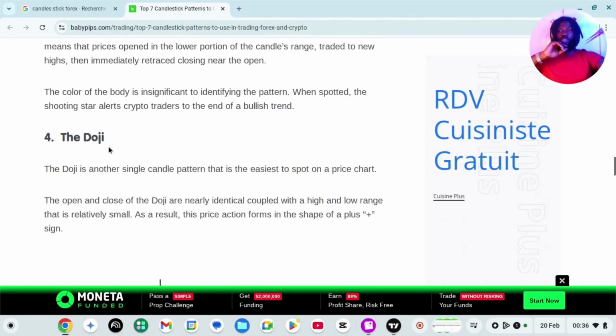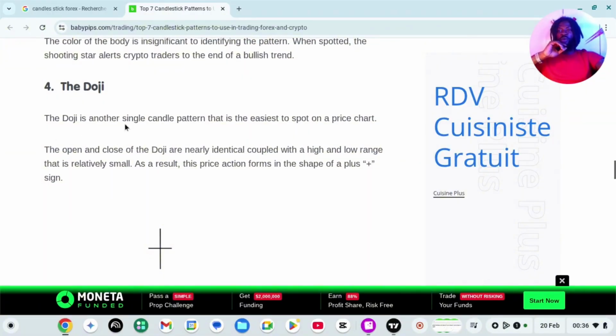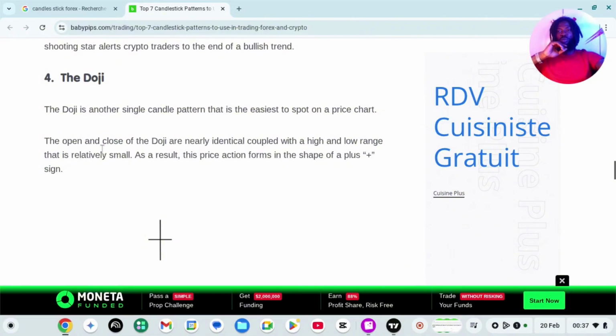Four, the doji. Okay, the doji is another single candle pattern that is the easiest to spot on a price chart. The open and close of the doji are nearly identical, coupled with a high and low range that is relatively small.